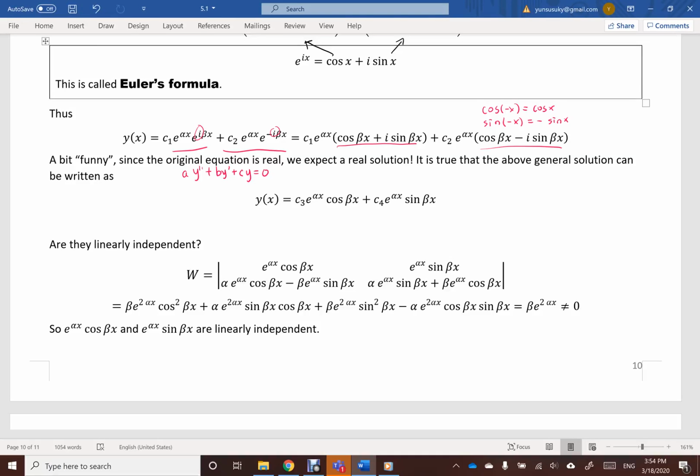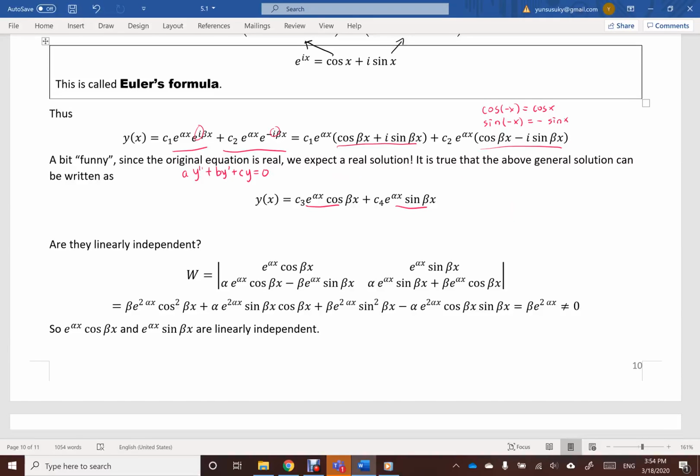Yes, actually we can do that. We can show that both of them are solutions of the differential equation. We're not going to show it here, but you can check that: compute y prime, compute y double prime, and plug them into the differential equation. You can see the left hand side equals 0, so that's why they are solutions.